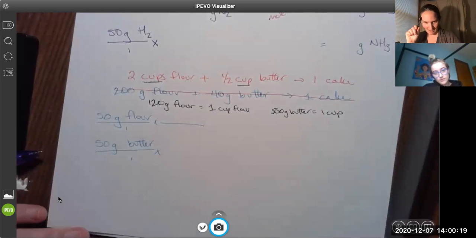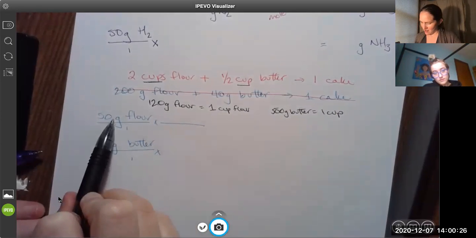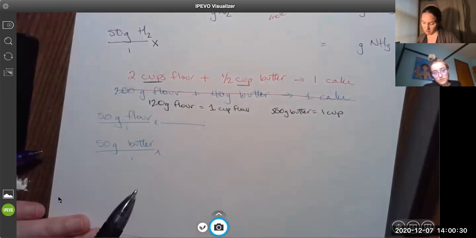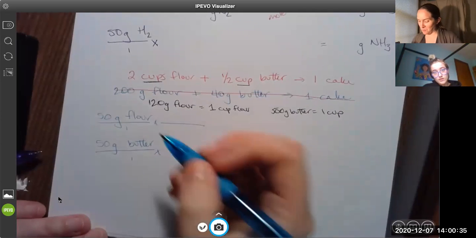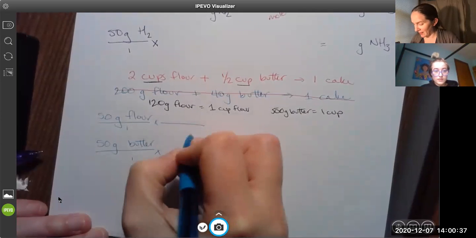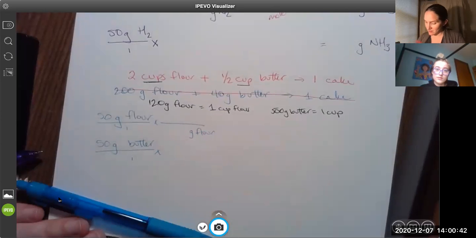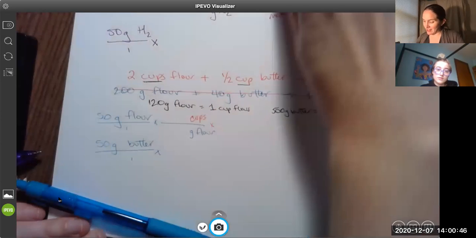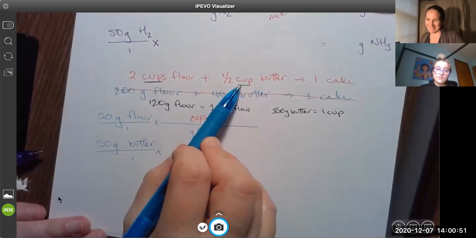Okay. So if we know we're starting with 50 grams of flour, and each recipe needs 2 cups, we'll convert from grams into cups, and then compare, because that's what our recipe is in.